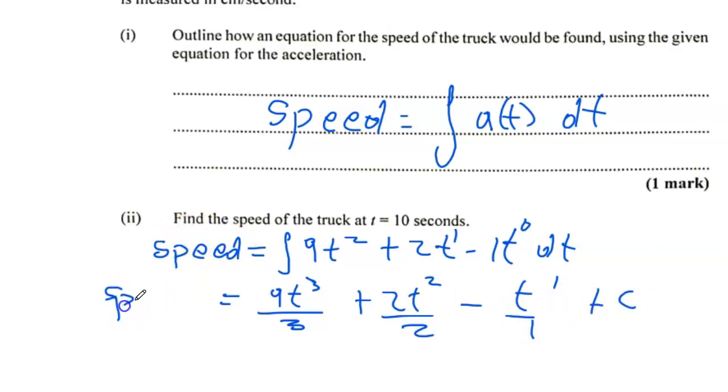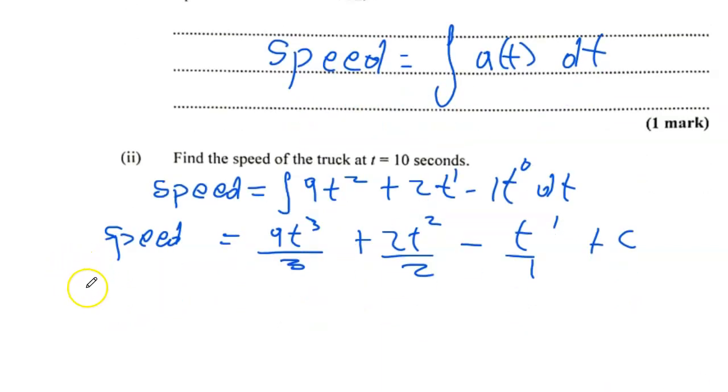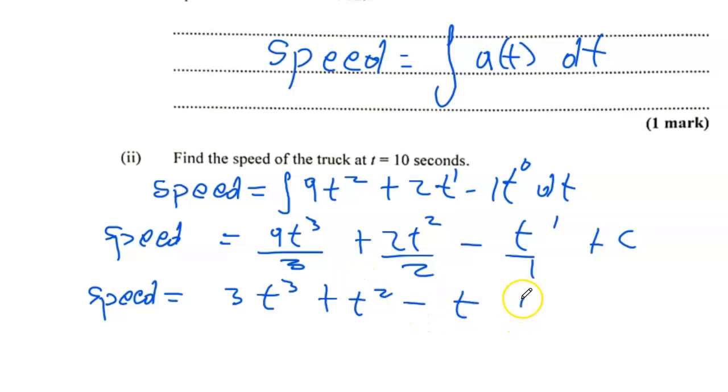So speed, if we simplify this: 3 into 9, that's 3t cubed, 2 cancel 2, so that's t squared, minus t, and I'll put a constant there.